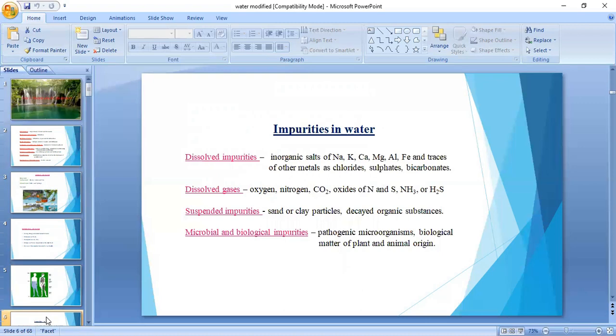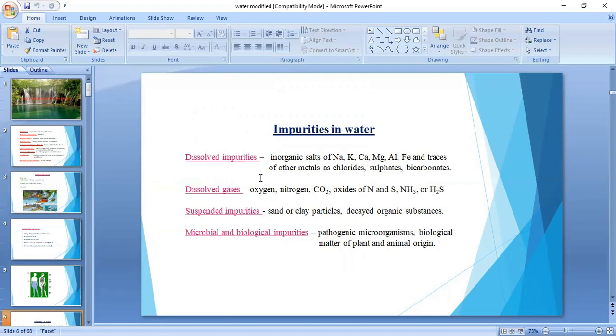Dissolved impurities are inorganic salts like sodium, potassium, metal chlorides and sulfides. These are all present in our natural water resource. These are the impurities present in our water.